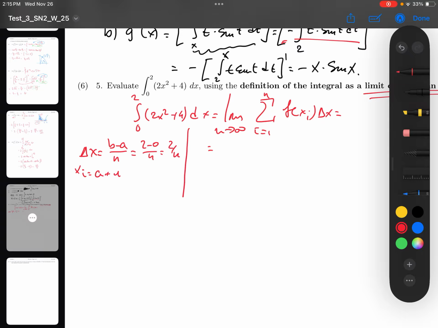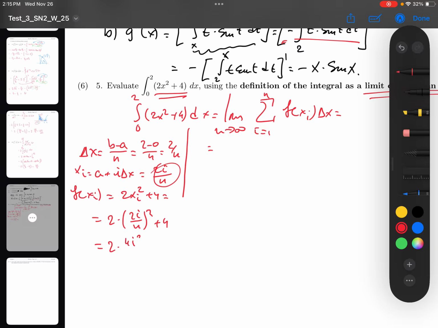Xi is a plus i delta x, which comes down to 2i over n, and f of xi is simply, from the function here, 2xi squared plus 4, but now I have the expression of xi, so that's 2 times (2i over n) squared plus 4, so 2 times 4i squared over n squared plus 4, which is 8i squared over n squared plus 4.